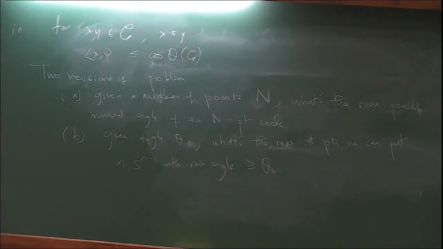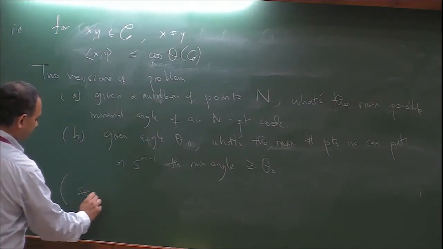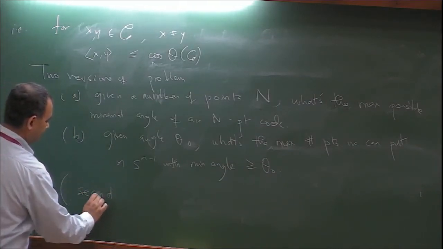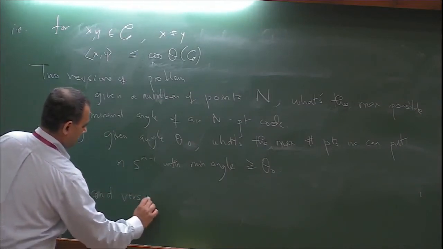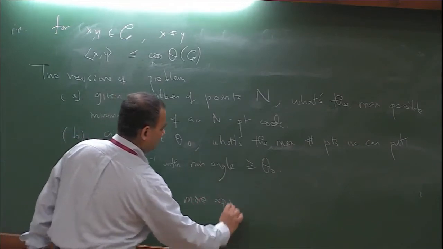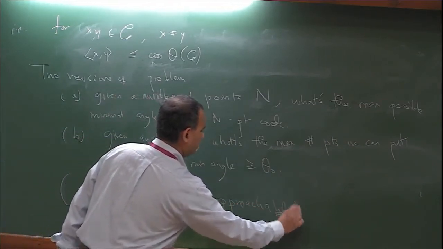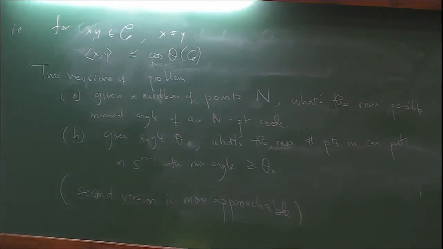Sorry? Oh yes, I'll try to write larger. The second version is usually more approachable, easier to solve, and we'll get to a linear programming bound for it and so on.